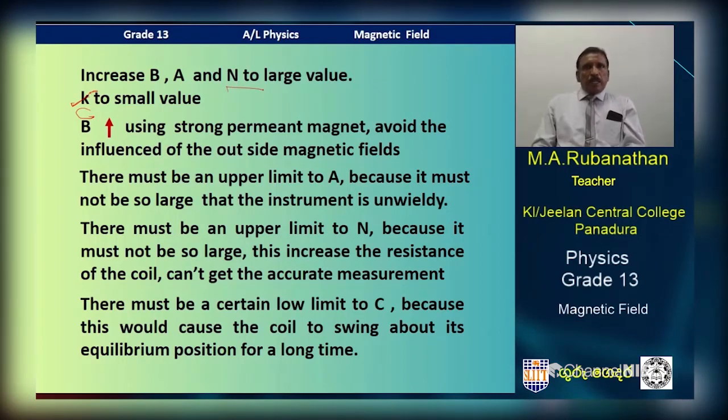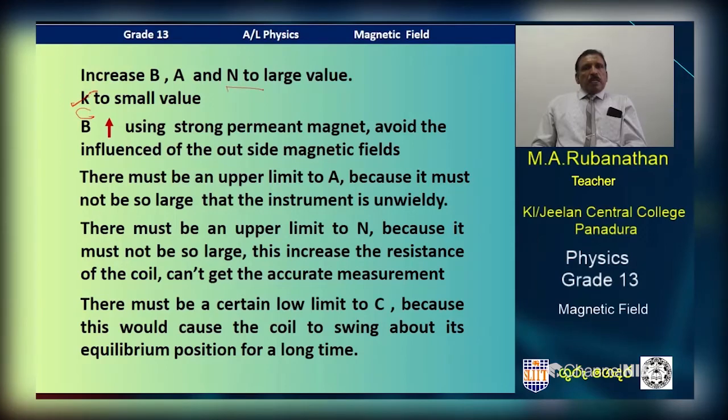If we increase the N of the coil, the instrument gets more resistance. If the resistance is large, we can't get accurate measurement in the instrument. Because we are using small currents, microamperes and so on, it is very difficult to get accurate measurement.